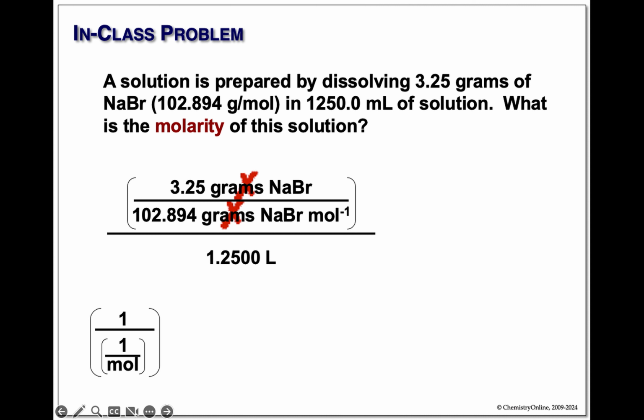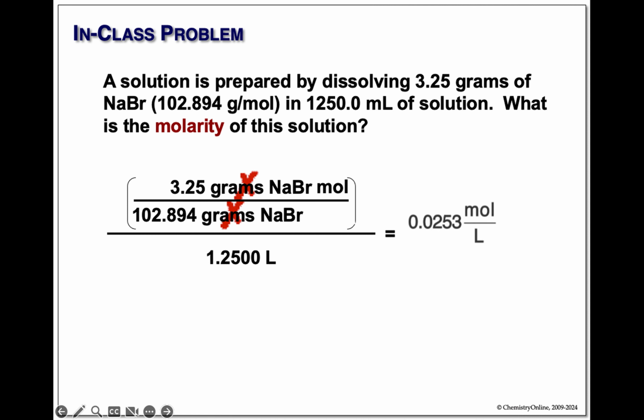So that's just equal to mole. So this mole comes up top, and that's our units: mole per liter. Do the simple math: 0.0253 moles per liter. That's 0.0253 molar.